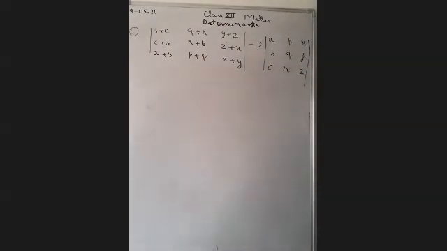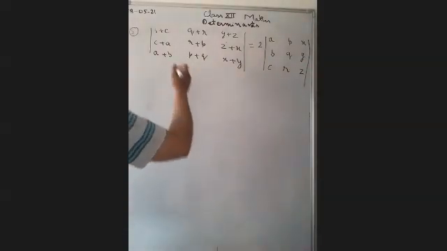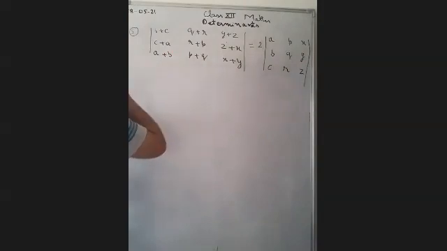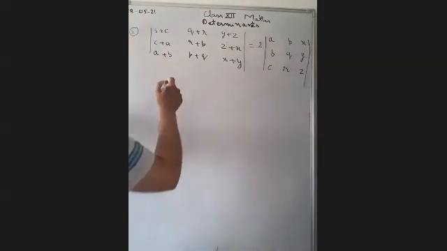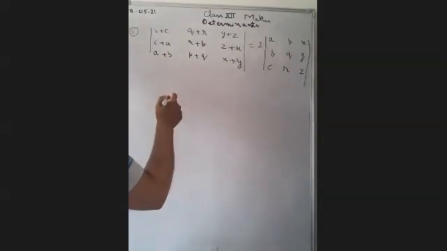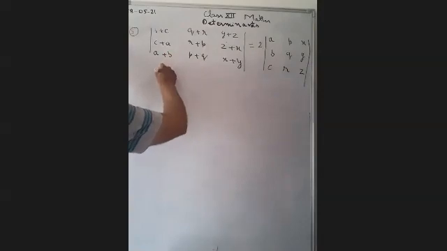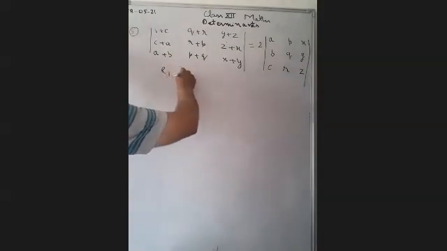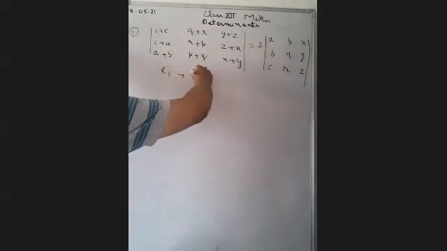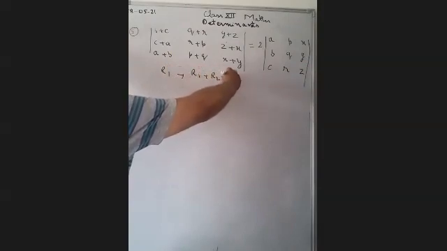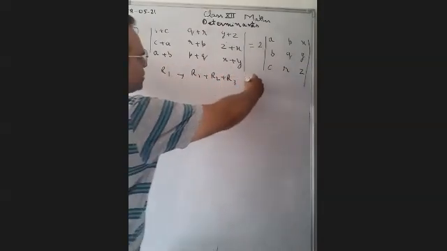For proving this one, first of all we can use this relation. In R1 we are applying R1 plus R2 plus R3. This is the property P6.